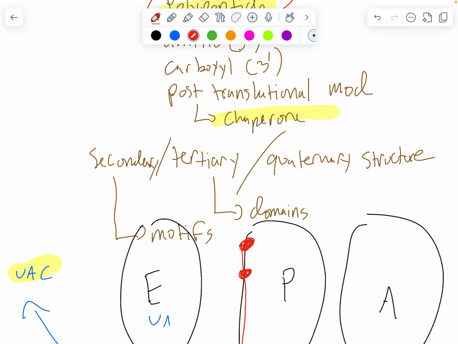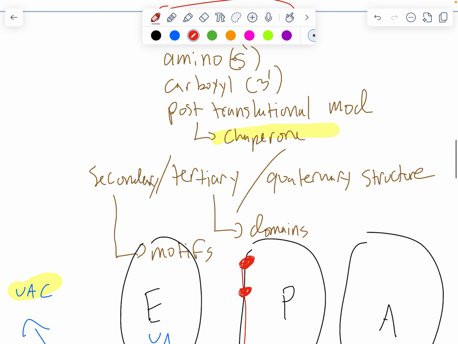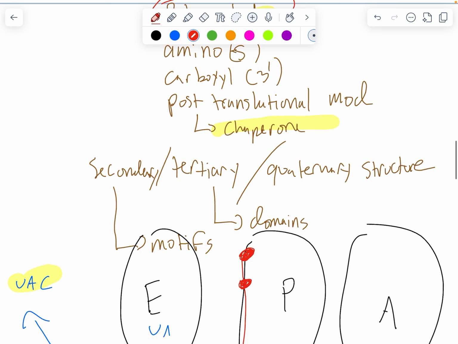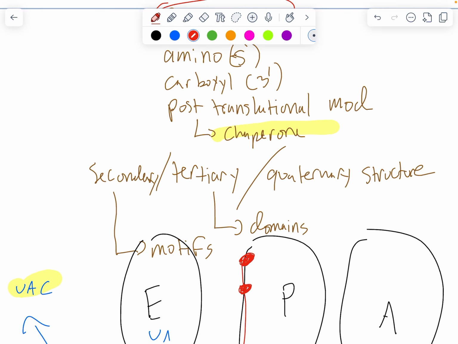So I'm going to have some functional motifs like alpha helices and beta barrels. It's going to determine the final tertiary structure, and so those are functional domains, and those domains are going to allow it to interact with other molecules and other proteins, and those domains are where the enzymatic activity is going to happen, and it's going to dictate how the three-dimensional structure of that protein that I just made is going to interact with other three-dimensional structures, forming quaternary structure.